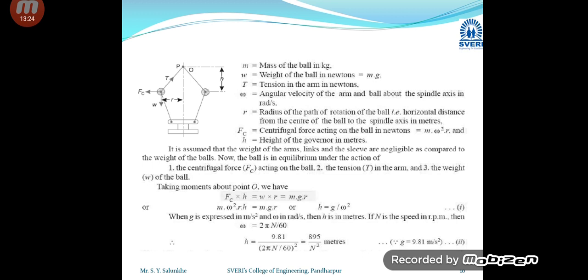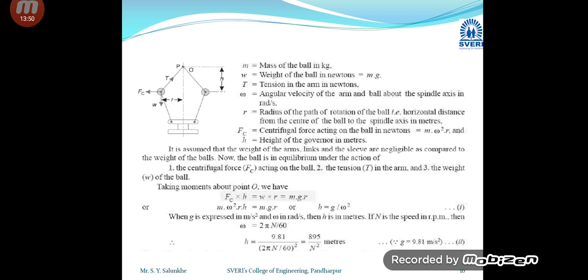Let us consider that small m is the mass of the ball in kg, and w is the weight of the balls in Newton, calculated as m into g. T is the tension in the arm, because of the centrifugal force, denoted by T. Omega is the angular velocity of the arm and ball about the spindle axis in radian per second, the speed at which the balls are rotating.